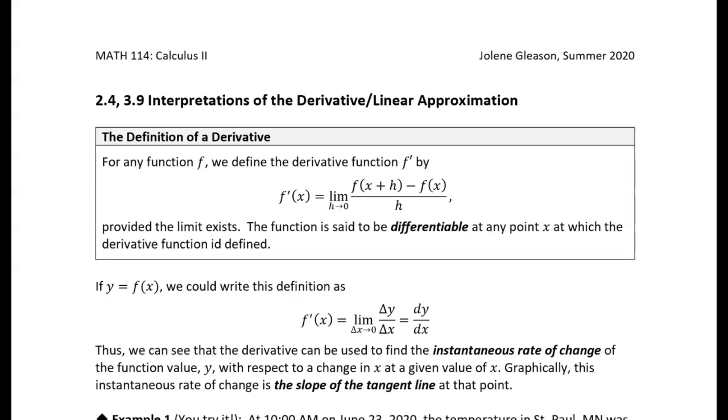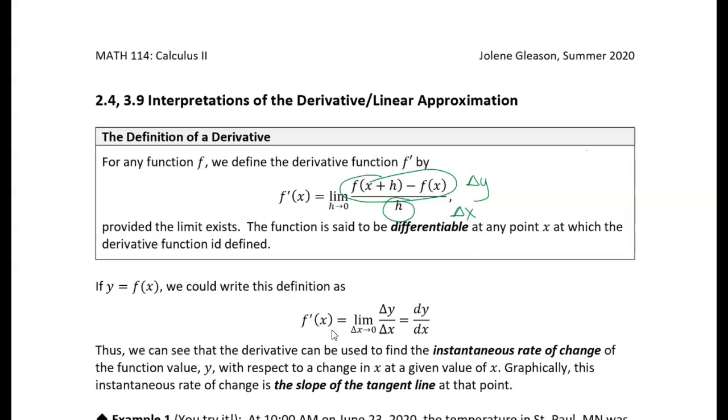Now, we could also think of that as, if we let y equal f of x, the numerator in the definition up here is effectively the change in y, right? And this h is effectively the change in x. So we can rewrite this definition of the derivative as the limit as the change in x goes to 0 of the change in y over the change in x.